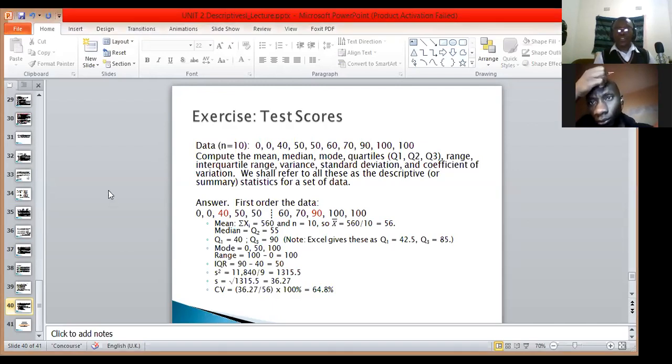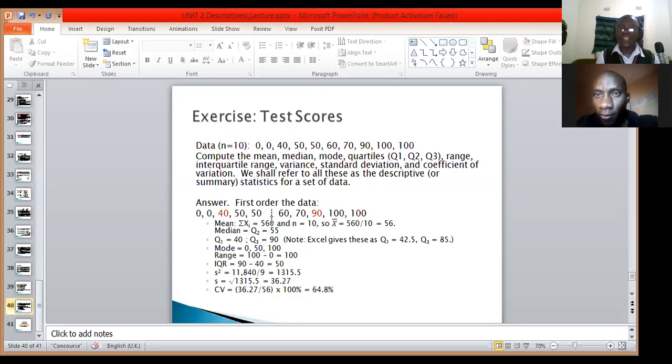Are you able to see on the screen? Yes, I'm able to see. So we have arranged our data in ascending order as we learned earlier on. We start dividing our data.